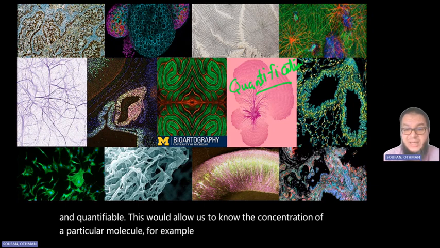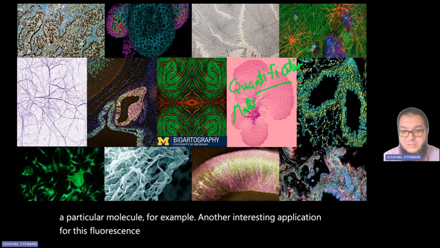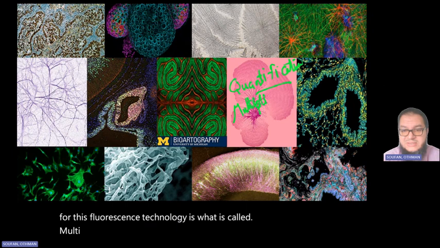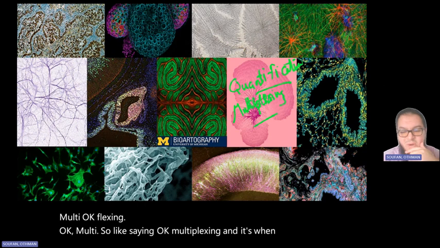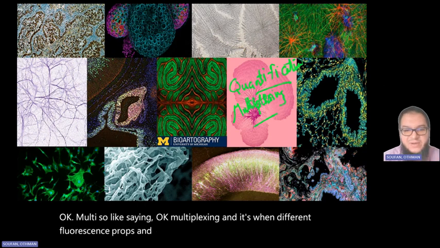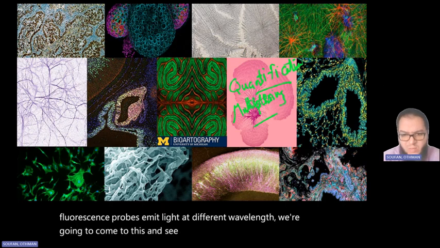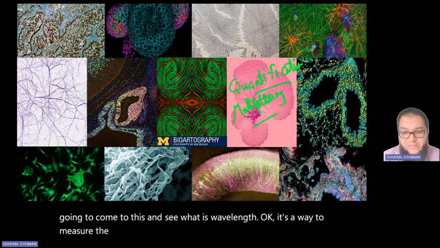Another interesting application for this fluorescence technology is what is called multiplexing. It's when different fluorescence probes emit light at different wavelengths. We're going to come to this and see what wavelength is. It's a way to measure the types of the different waves.